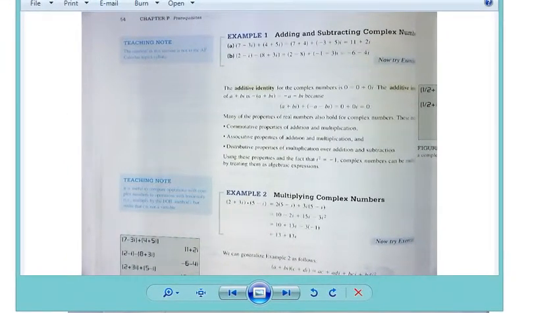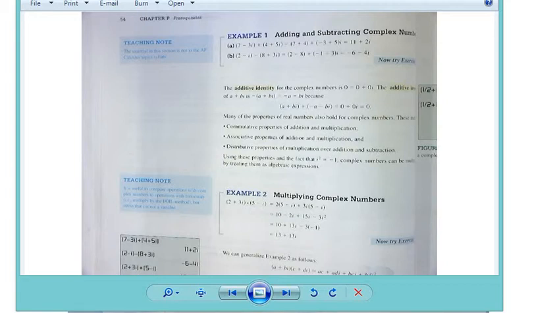For example number 1, what they're asking us to do is basically add those up or subtract them, and then kind of simplify our expressions or equations that they have listed there.